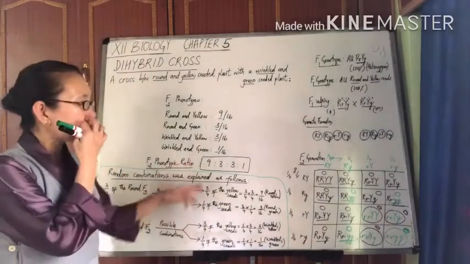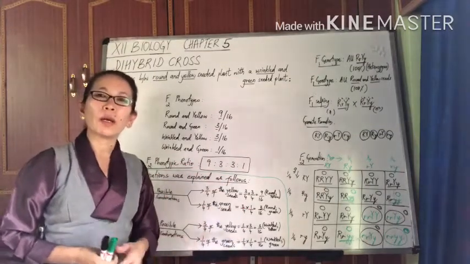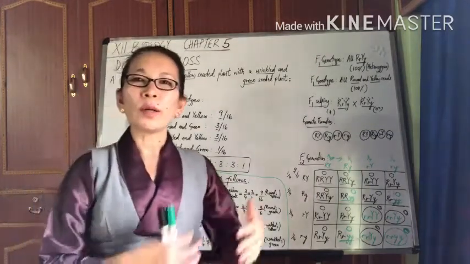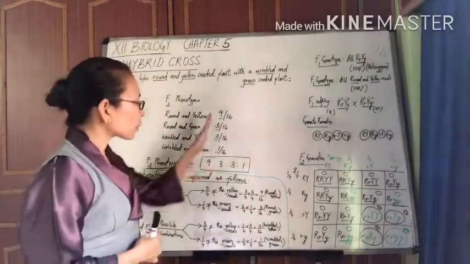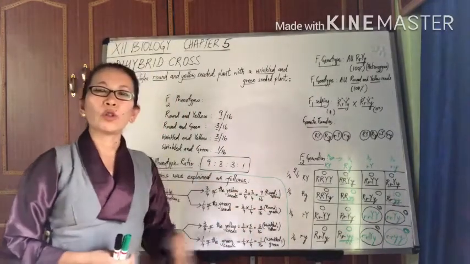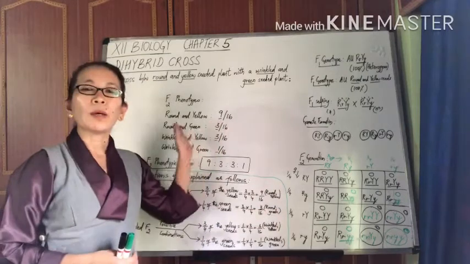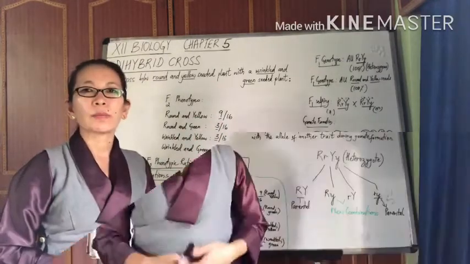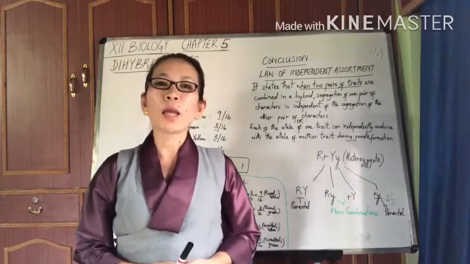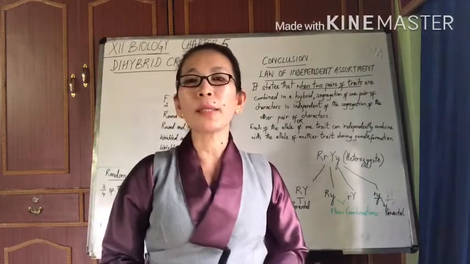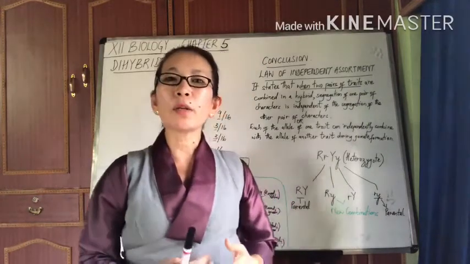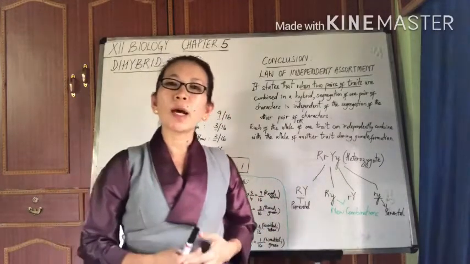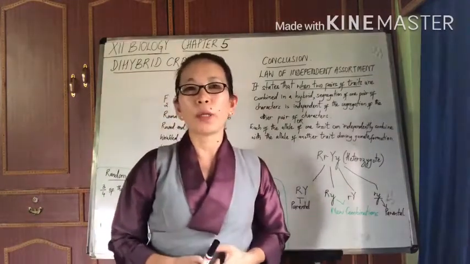That is how Mendel explained the results and data he obtained from several thousands of his dihybrid crosses. So based on his dihybrid experimental results and data analysis, Mendel finally formulated yet another significant law of inheritance.